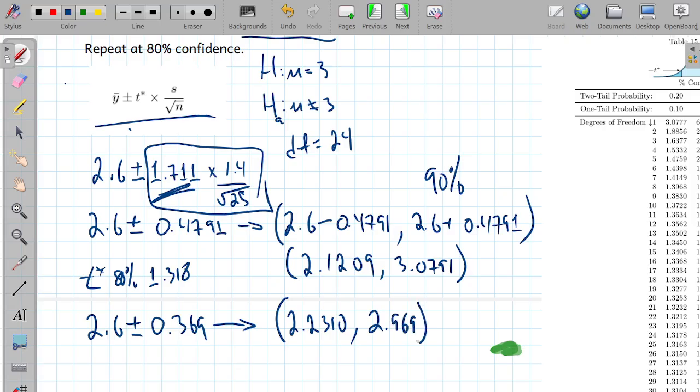Okay. Now, let's see how things have changed. Let's go back up here. The null hypothesis has the mean at 3, and the alternative is that the mean does not equal 3. Well, how do we interpret this? Let's look at the 90% interval. That's this one here.